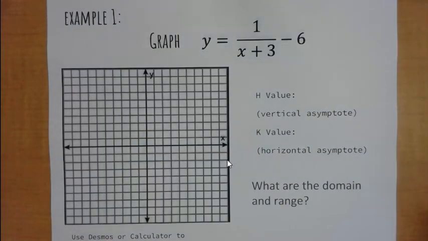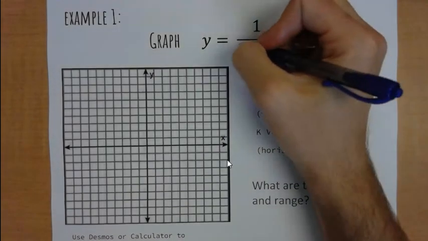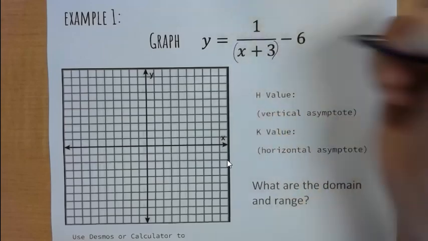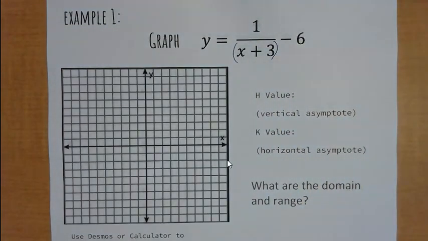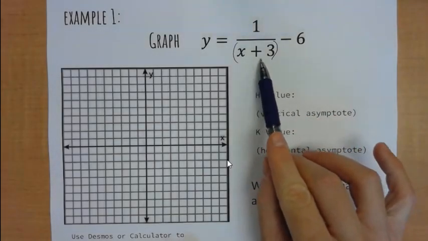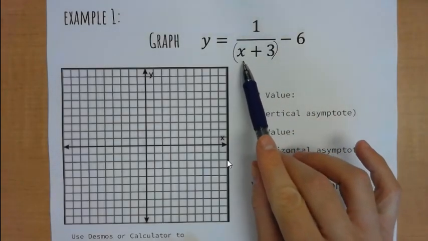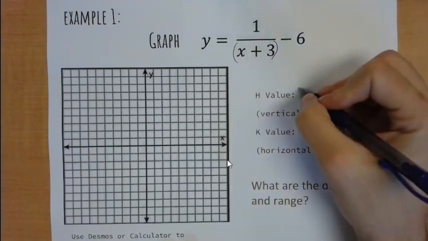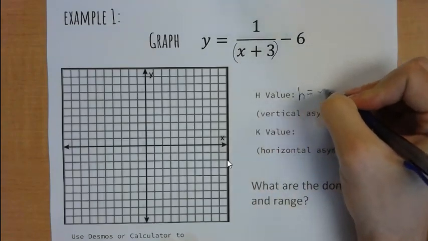So example 1, we're going to be graphing the function y equals 1 over x plus 3, and then minus 6. So first and foremost, we're going to draw our asymptotes. So our h value, we're basically going to take the opposite of this plus 3, since it's x minus negative 3, and say our h is equal to negative 3.